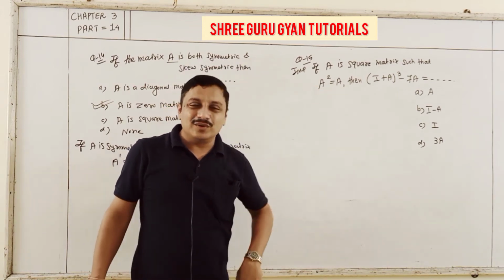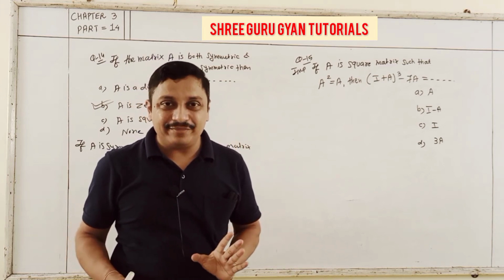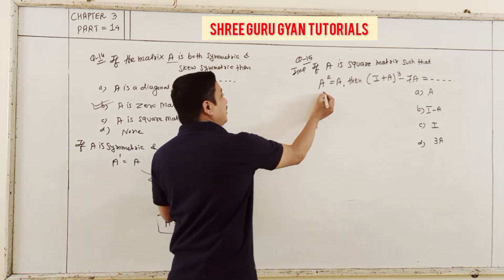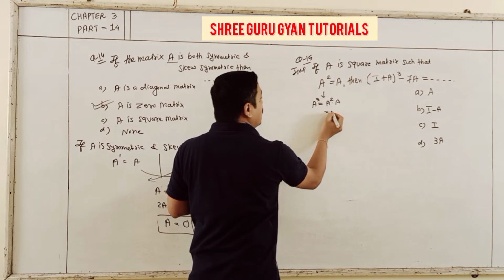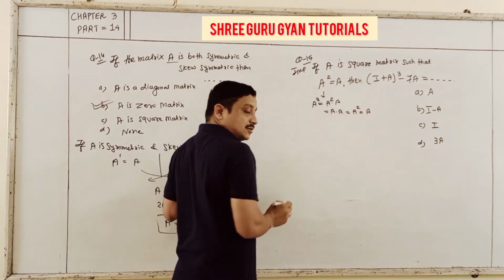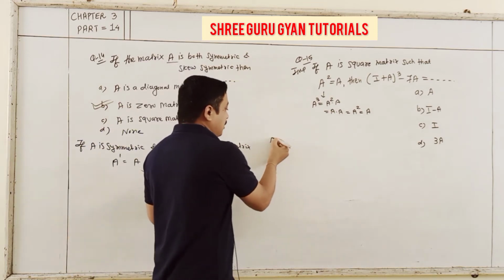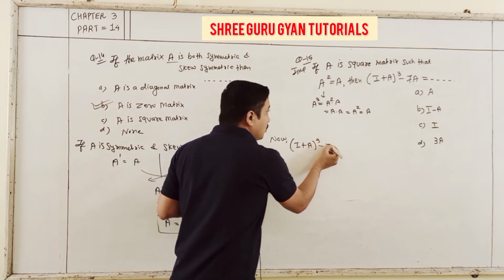Students, it is clearly given A square is equal to A. This is another word also used in exams. It is the idempotent law. Again repeat, idempotent law. A square is equal to A. Definitely you will write down A cube is A square into A. Will do A into A, A square, this again A. If you go to A to the 4, calculate this also A. So now I will cover (I plus A) cube minus 7A.